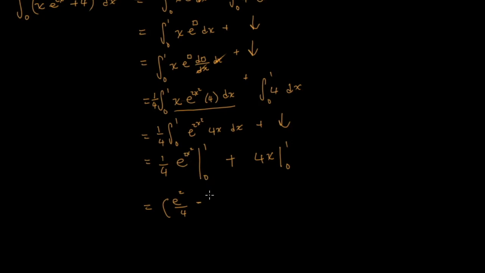So e to the power of 0 is just going to be 1, plus 4 times 1, which is just 4, minus 4 times 0, which is 0.